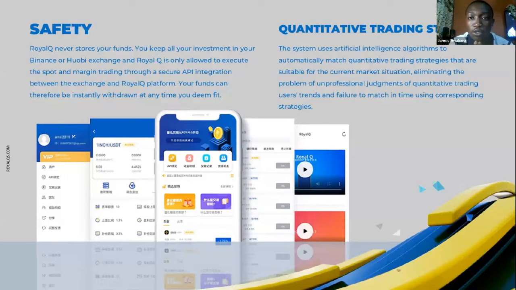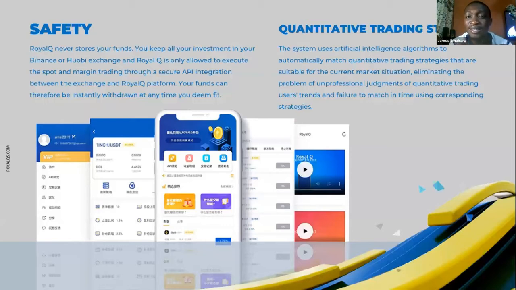And how does this bot work? It uses the principle of quantitative trading strategy, using the dollar cost average feature. I'm sure while in primary school, we did what we call quantitative aptitude, quantitative reasoning and verbal aptitude. Quantitative has to do with numbers. When you apply this to trading, it has to do with buying some quantity and selling some quantity.